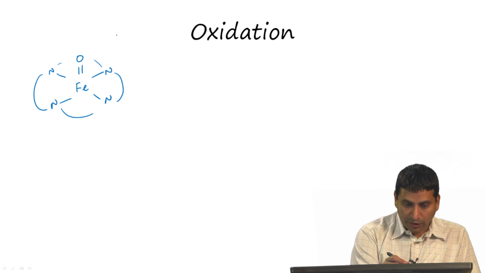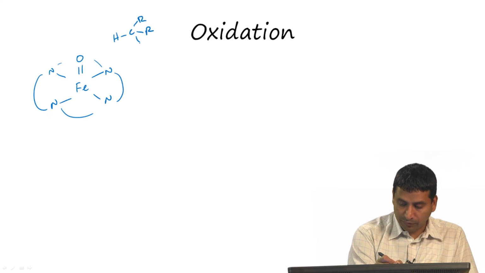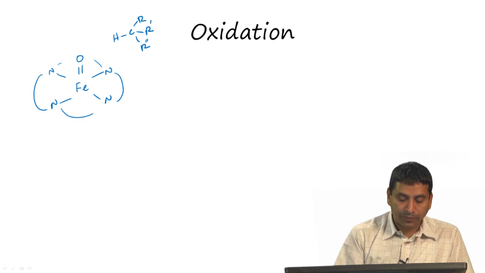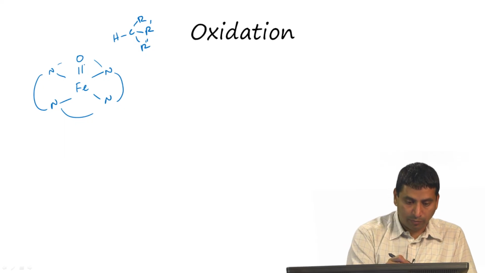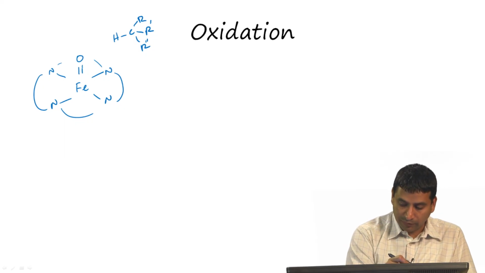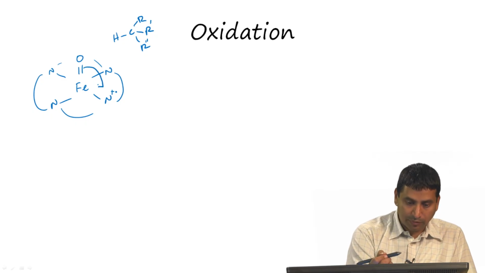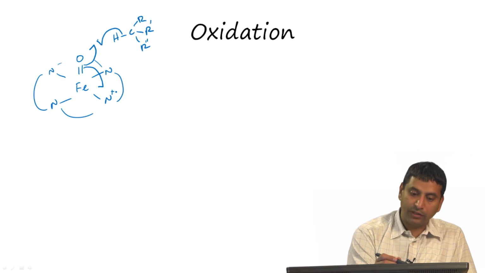So, now if you have an alkane, for example, R', R'', this reacts with the heme oxidized Fe=O with a radical mechanism. So, you have a radical that is produced over here, and one of the electrons goes here and the second electron goes here, and this carbon hydrogen bond undergoes reaction again to produce a carbon centered radical.